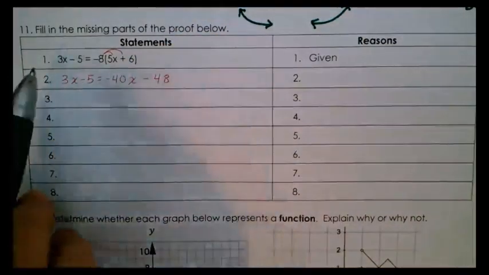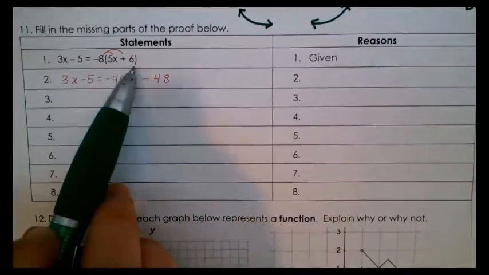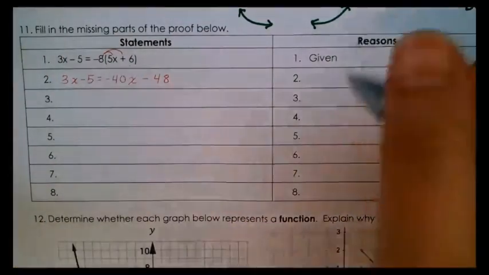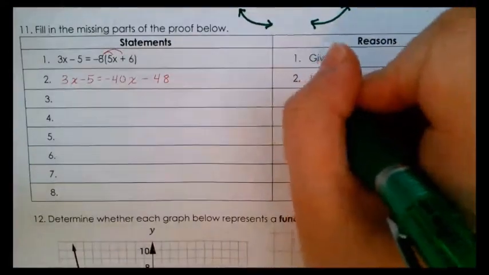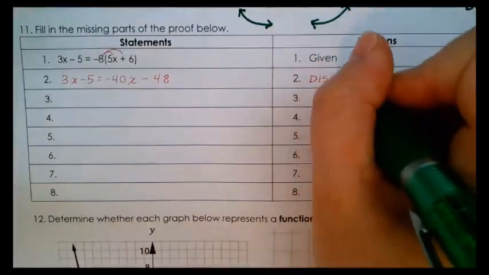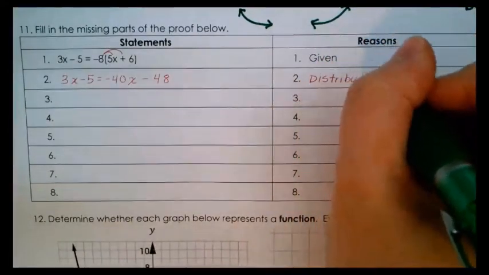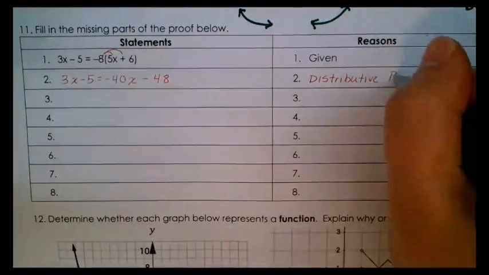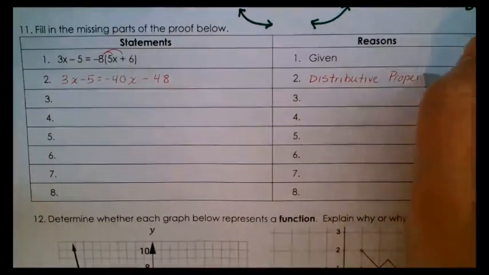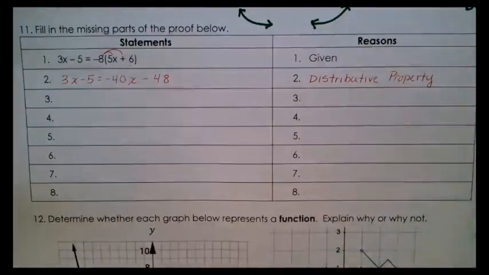Now, the way that I got from step 1 to step 2 is I distributed. So what you're going to write for the reasons is distributive property. Distributive property. Now, the next step, if you're trying to solve this multi-step equation, is you want to get all your x's to one side.